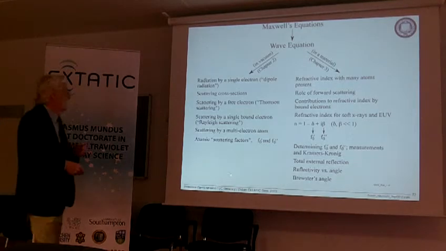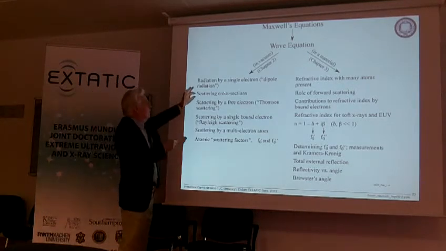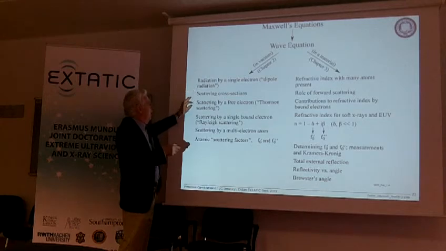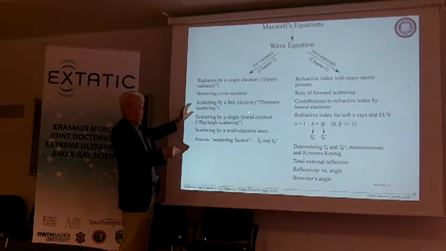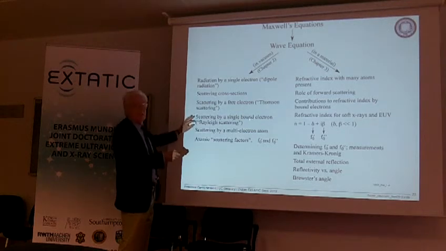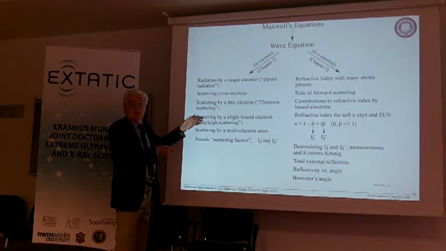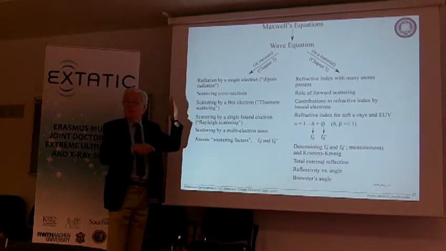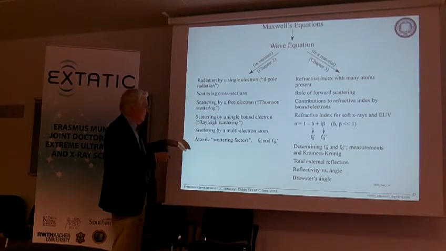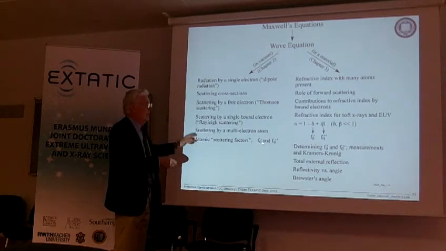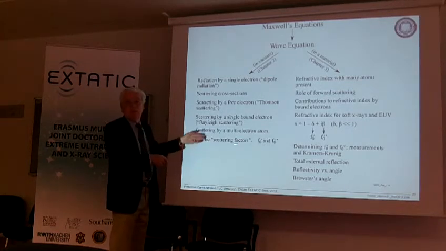So we'll define what a scattering cross-section is, and what Thomson scattering is for a single free electron. What if it's a bound electron? We call it Rayleigh scattering. I'll show you a slide and say something about the color of the sky and the sunsets. And the atomic scattering factors, which are really important, you don't calculate them, you measure them.